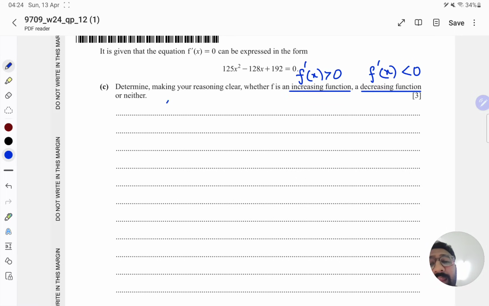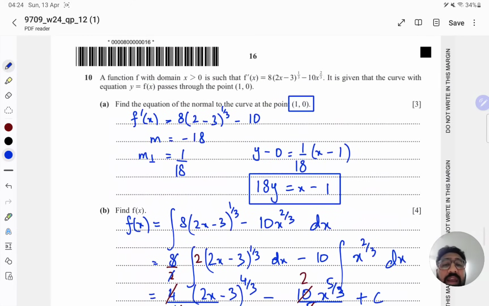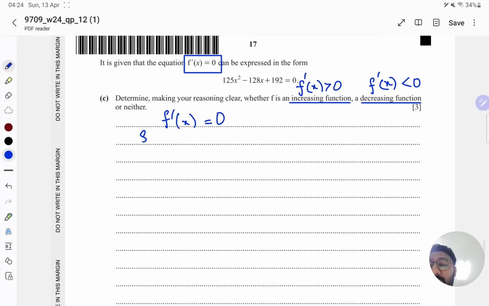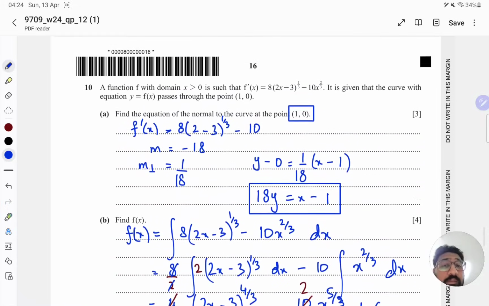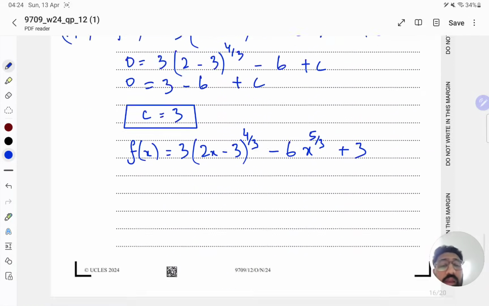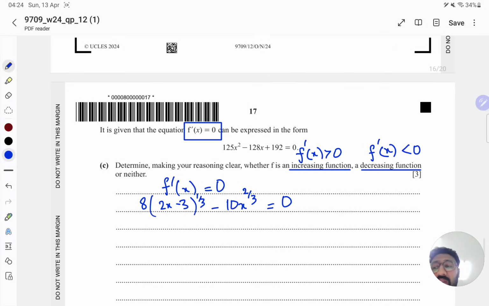So we know that f dash of x is basically equal to 0. It's written above, and we already have the value for f dash of x, which is 8 bracket 2x minus 3 power 1 by 3 minus 10x power 3 by 2, and it will be equal to 0.